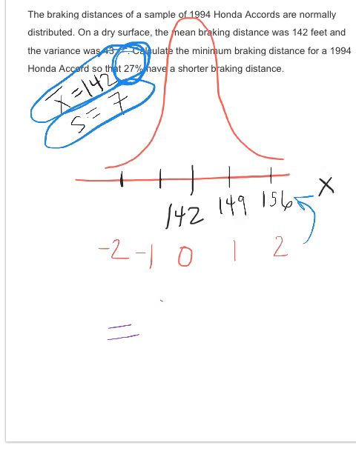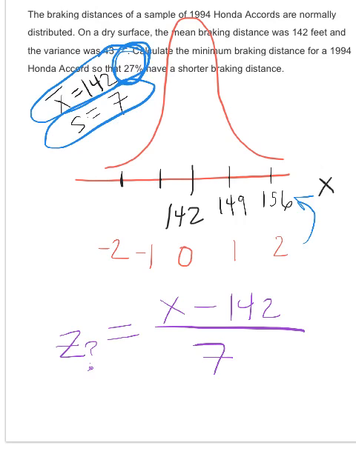X, do we know anything? Let me put a question mark here. Oh yeah, we got that, 142. And we got that too. We're missing two things, so we're going to get one. And which one is that going to be? There you go. We're going to figure out what that z-score is.